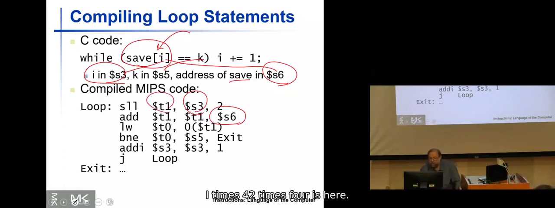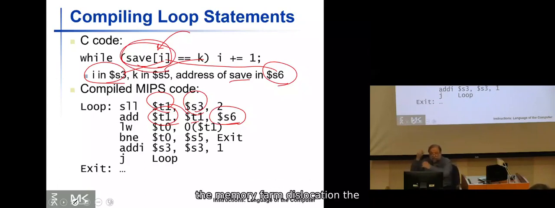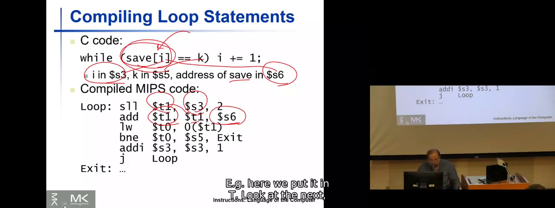So I times 4 is here, so we add T1 to S6 and we get T1. So T1 is the memory location of element save I. And now we have to load the value from this location in memory and put it somewhere. For example, here we put it in T0.